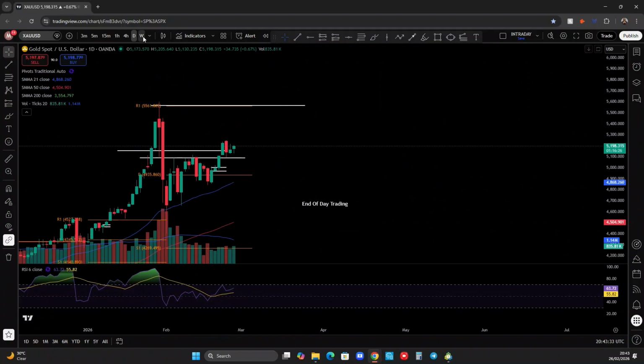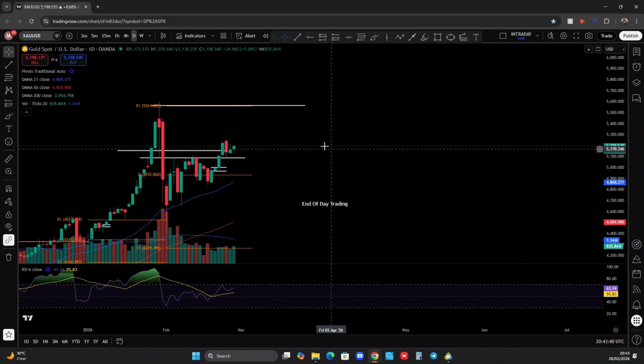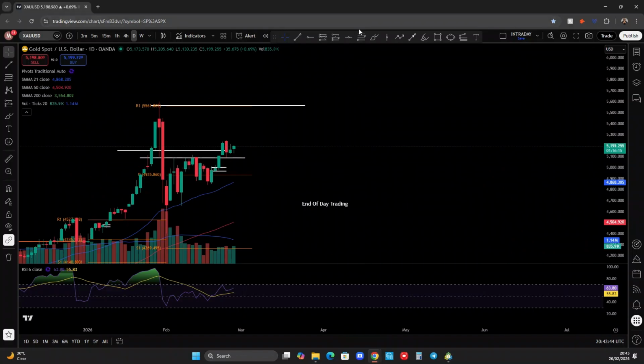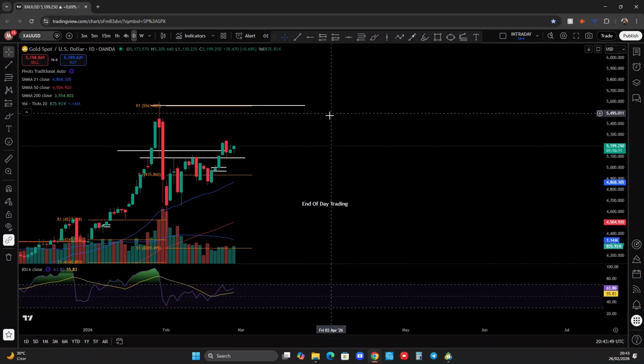This is where the pivot line is on the weekly and the daily. So we have to be a bit more cautious there. But again, trail your stop loss. Make sure you're not losing money. If the market does reverse back on you, then you're protected.